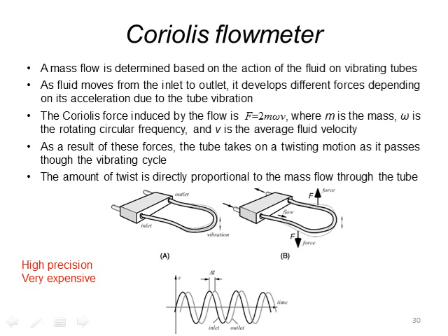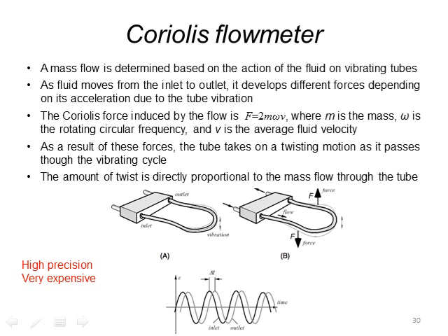These can also be vibrating tubes. Now, a mass flow is determined based on the action of the fluid on these vibrating tubes. As the fluid moves from the inlet to the outlet, it develops different forces depending on the acceleration in the tubes.